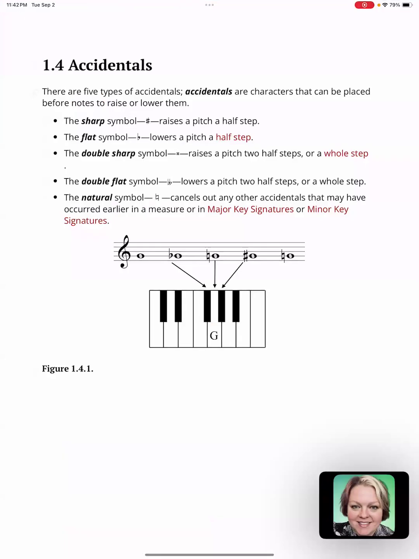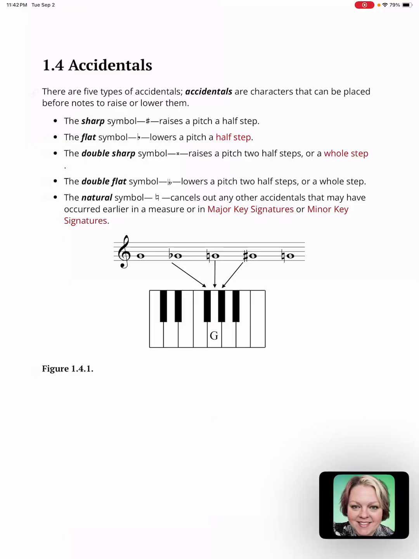So I wanted to do this video for you all to make sure that you don't get behind on what was done today. So I am going to share my screen here. You should be able to see a page that says 1.4 Accidentals.